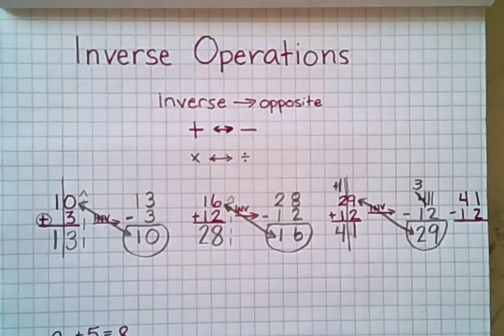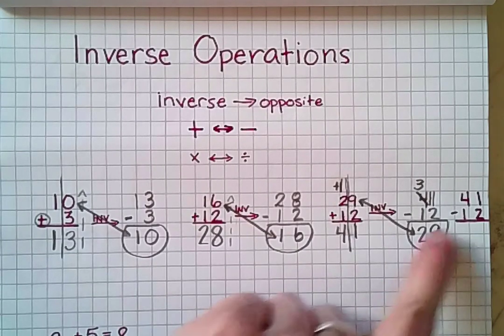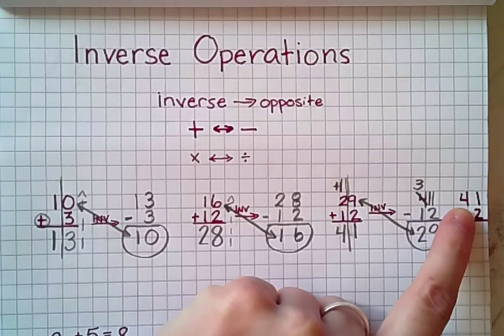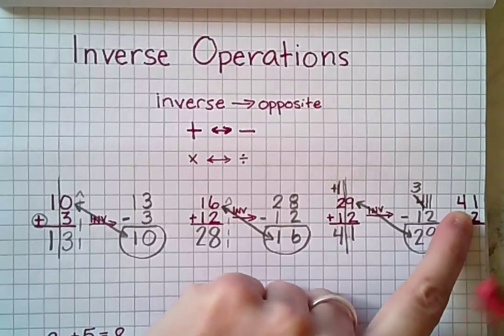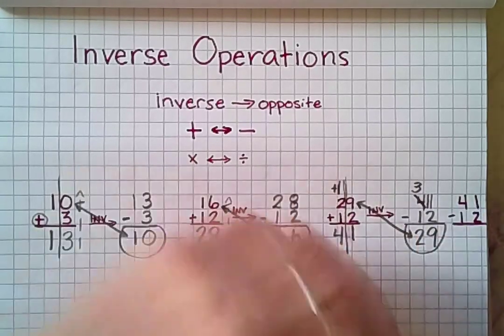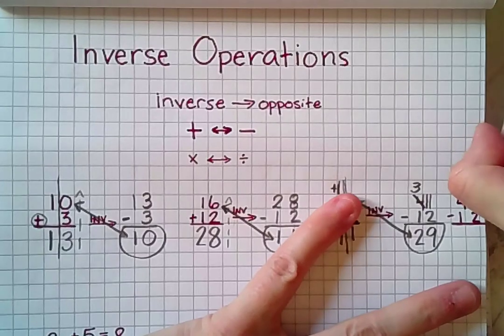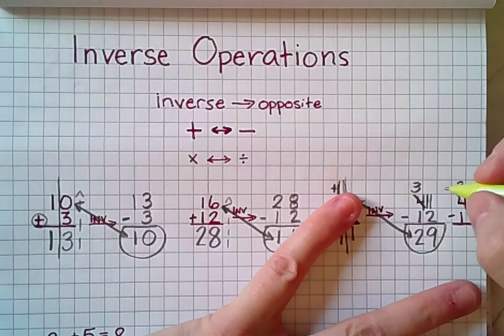Okay, now watch how I did this. I want to borrow from this 4, but we know that this 4 actually means 40. So I'm actually borrowing 10. That's why when I cross out my 4, and now I only have 3 tens, I take that 1 ten.